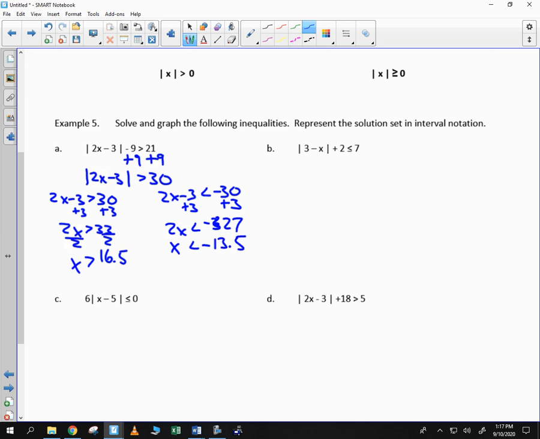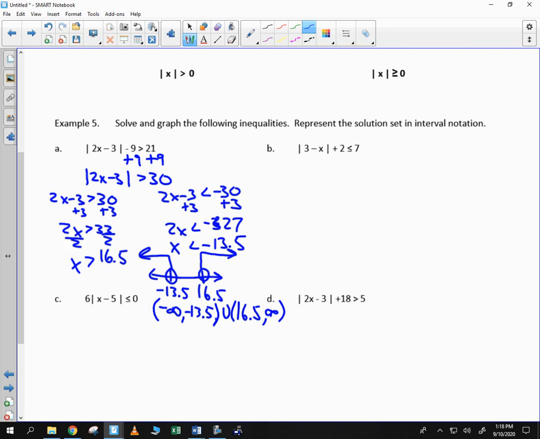So if you look at that, within your solution set, negative 13.5 open circle, arrow to the left, and then 16.5 open circle, arrow to the right. Expressed in interval notation, negative infinity to negative 13.5, union 16.5 to infinity.